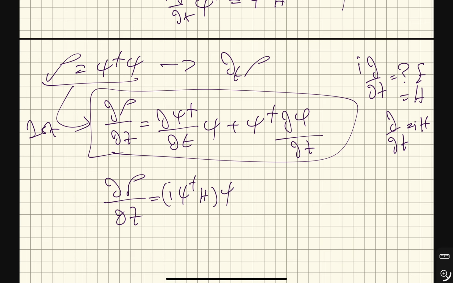Plus psi dagger, from this guy here, partial psi over partial t is again minus i H psi.